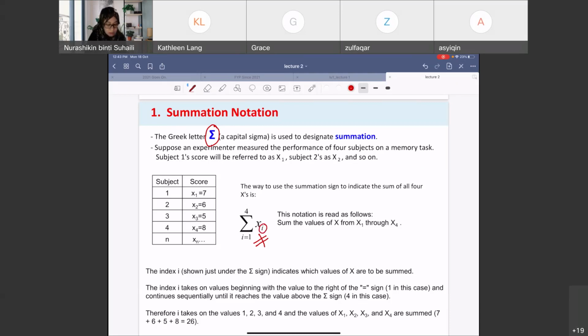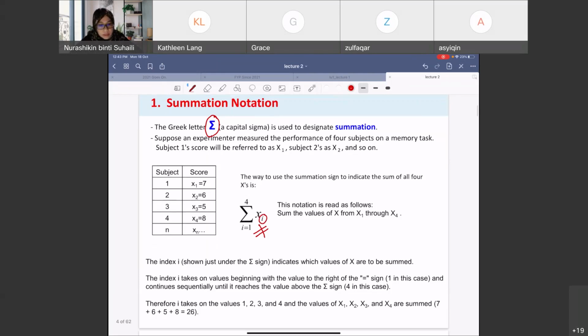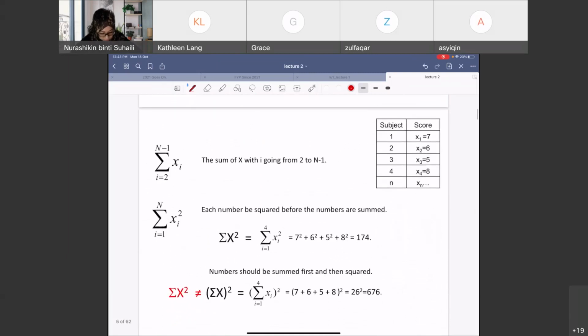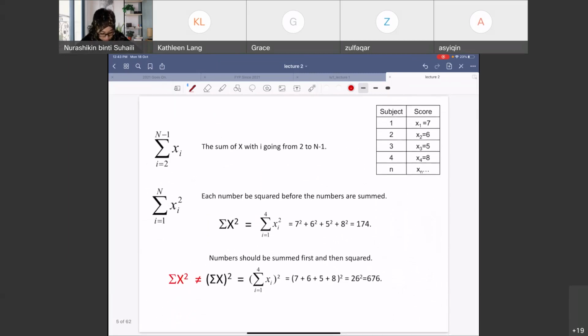So it covers everything from the beginning until the end. Xi is referring to the general term for the things in the subject. Okay, let's have a look at some examples just to make it much clearer.